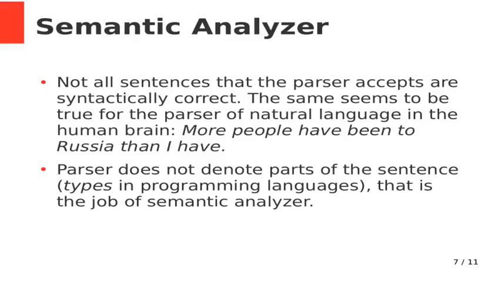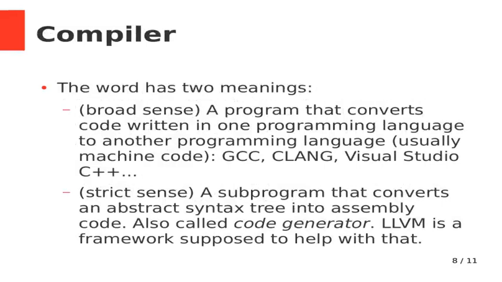Now, after the Semantic Analyzer, there finally comes the compiler. Now, the word compiler has two meanings. In the broad sense of the word, that is a program that converts code written in one programming language to another programming language, usually machine code.